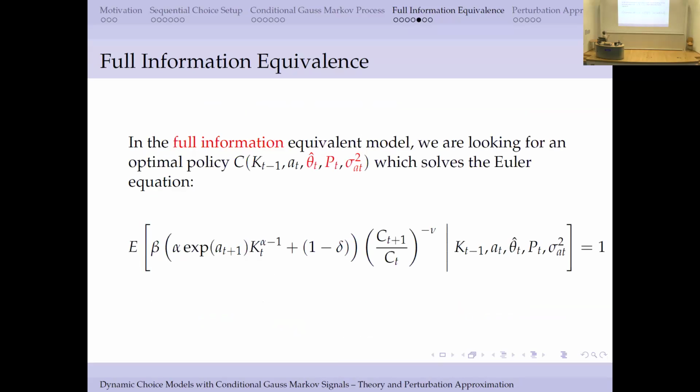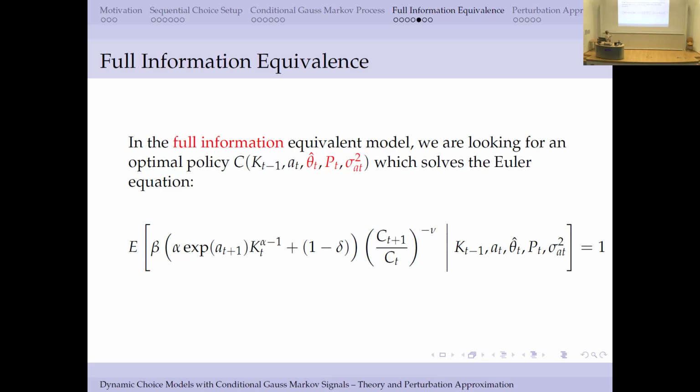Okay, so this gives us an equivalent Euler equation, in which now the optimal consumption policy is a function of our finite dimensional sufficient statistics instead of the entire conditional distribution.